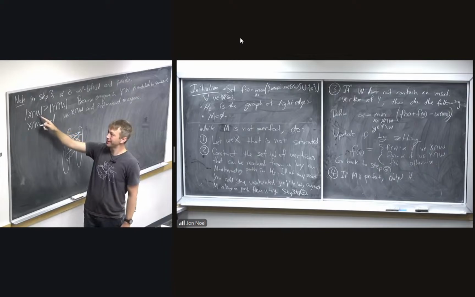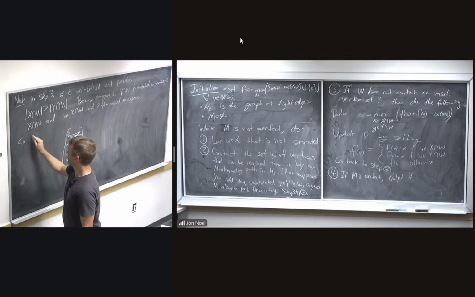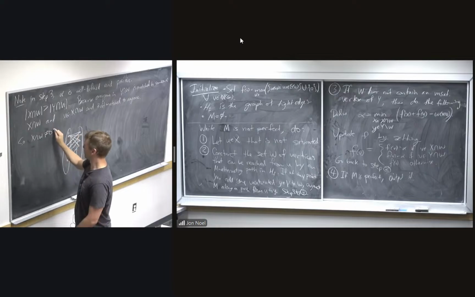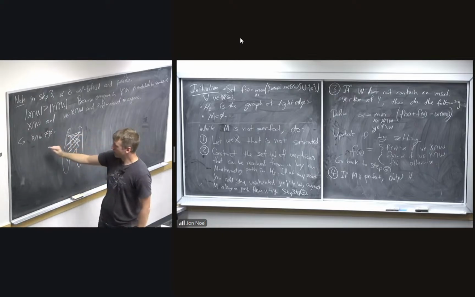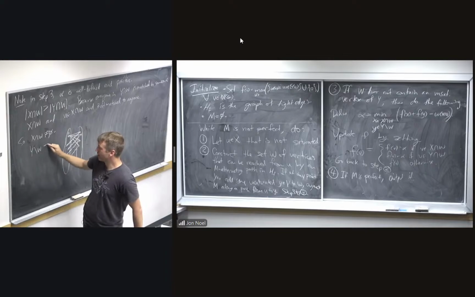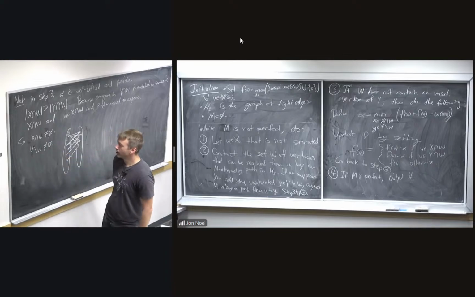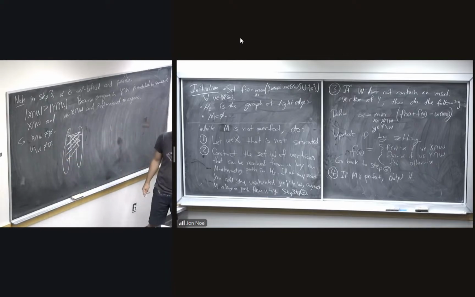So X intersect W is not empty. But also Y take away W is not empty, because X and Y have the same size.